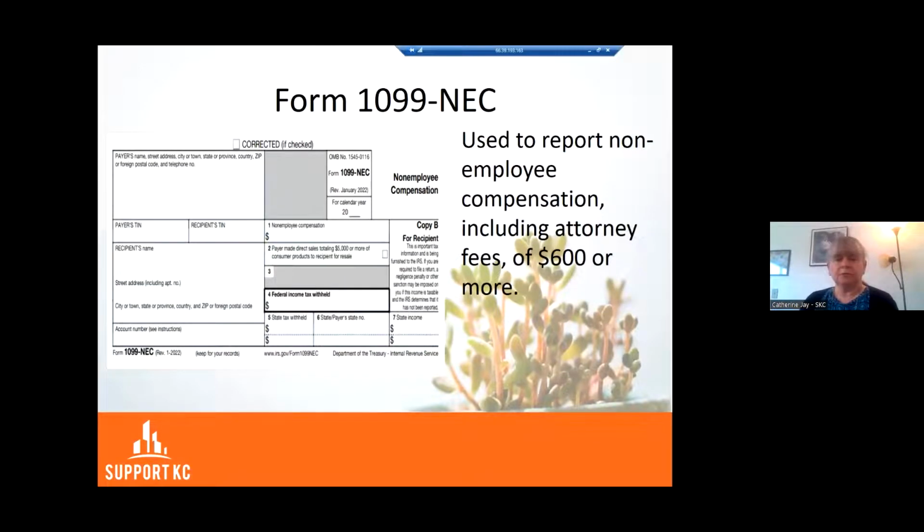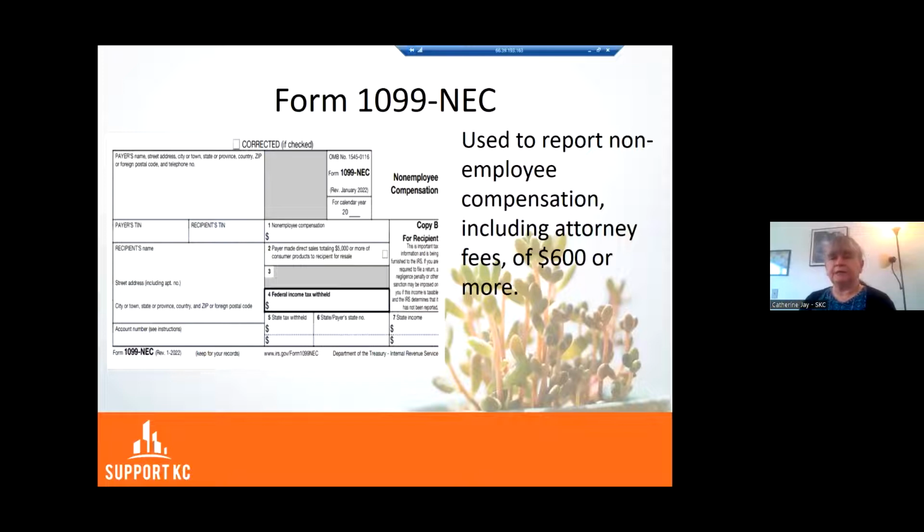In 2020, the IRS reinstituted the Form 1099 NEC. And they did this because they are trying to match the non-employee compensation that's reported on the 1099 with what individuals and contractors are reporting on their tax forms that they're filing.